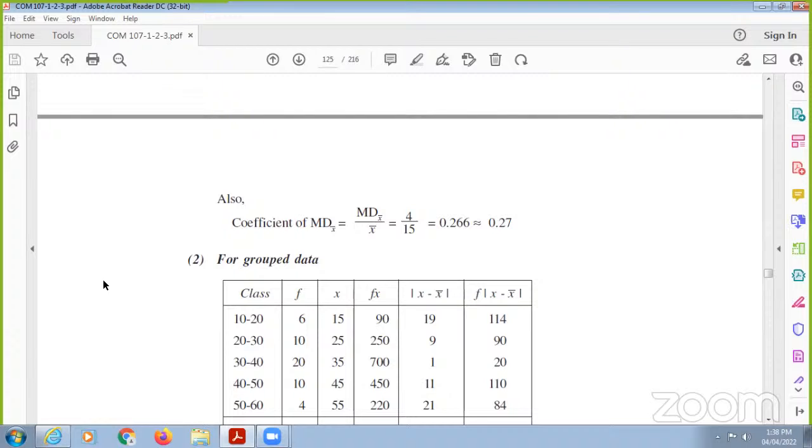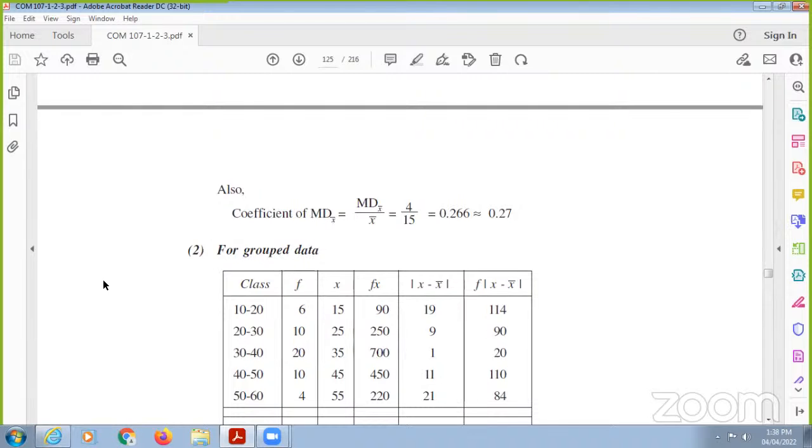Now in the third column, you will find the midpoint here: 15, then 25. For 10 to 20, the midpoint will be, because there is a difference of 10, so 10 plus 5, 15, 20 plus 5, 25, 30 plus 5, 35, 40 plus 5, 45, and 50 plus 5, 55 here.